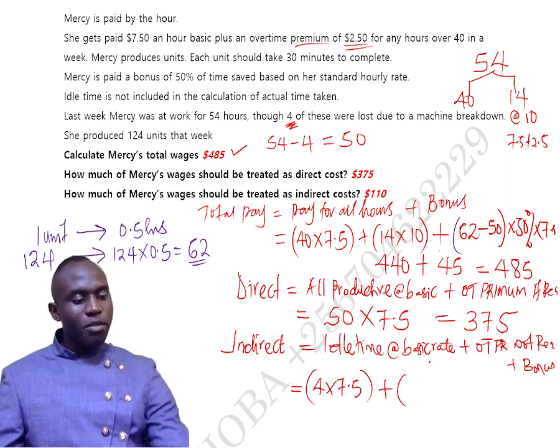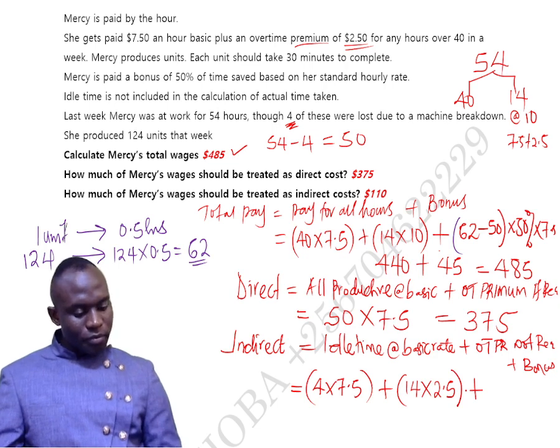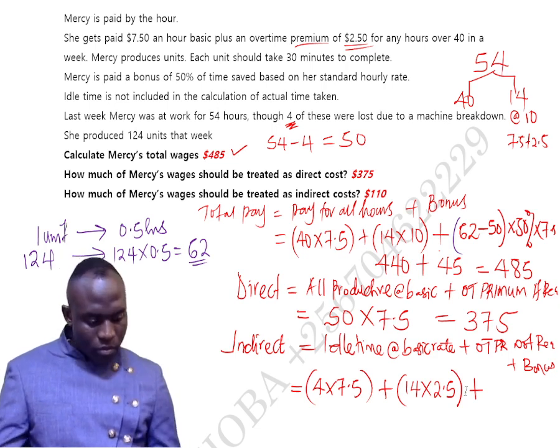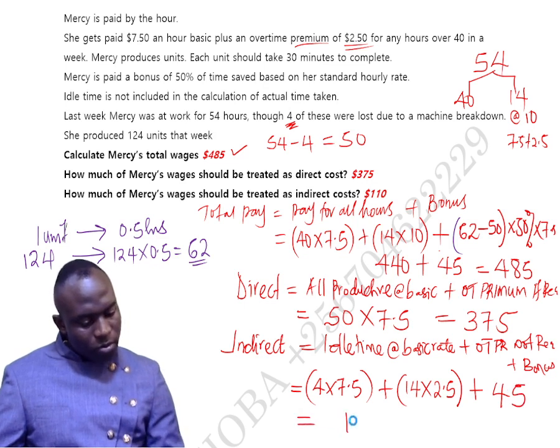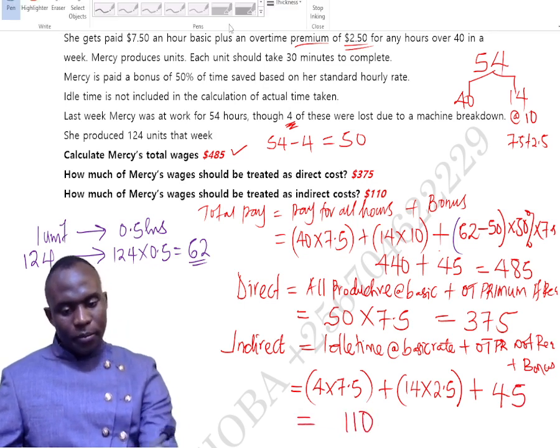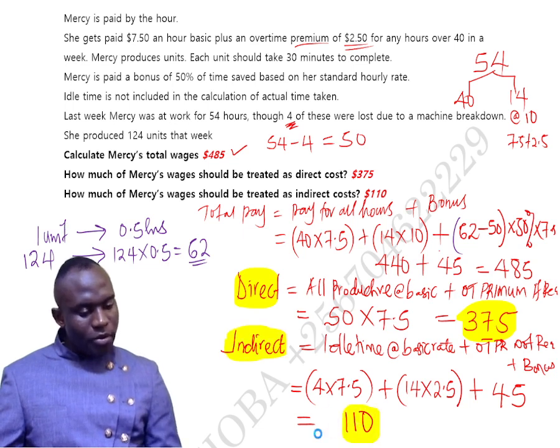Total overtime was 14 hours and the premium is 2.5. Then plus the bonus, which we calculated as 45. When we sum this up, we get 110. So total direct is this, and total indirect is 110.